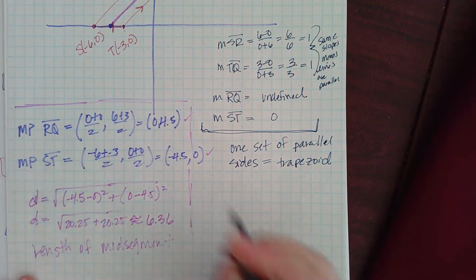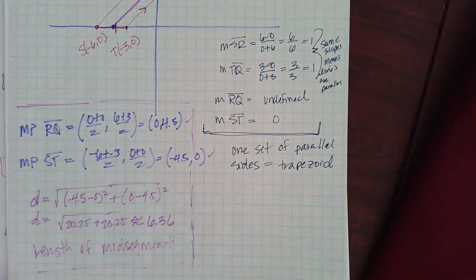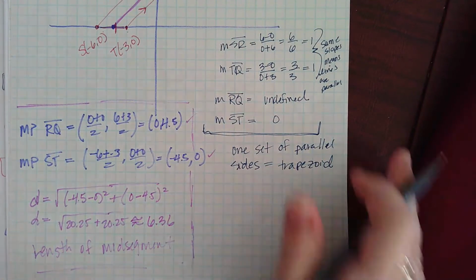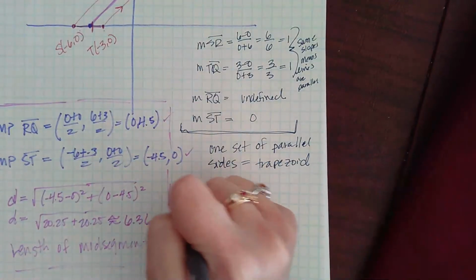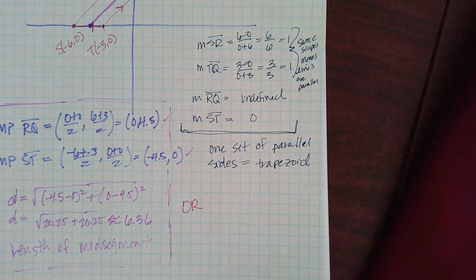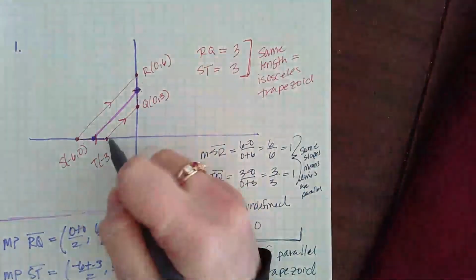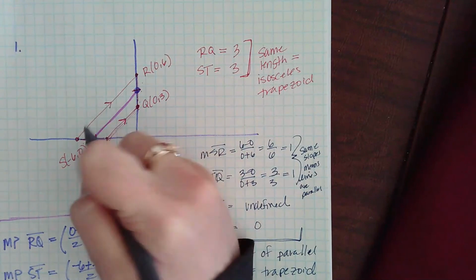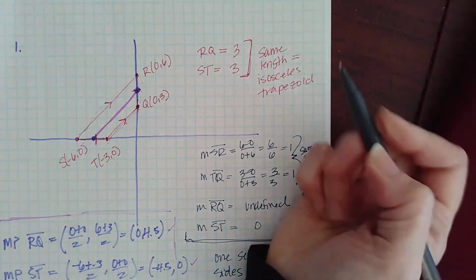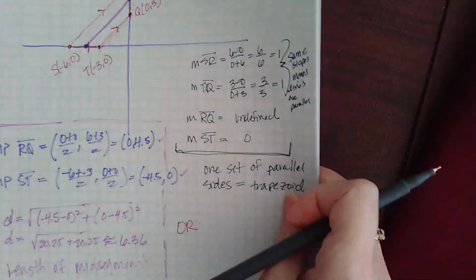Okay, another way of doing this is to go ahead and use our formula. So this is an OR, okay? Sometimes it would be better to use one way versus another. I'm just showing you both methods. So another way is to find the length of our bases, this base and this base, find those lengths, add them up, and divide by 2.